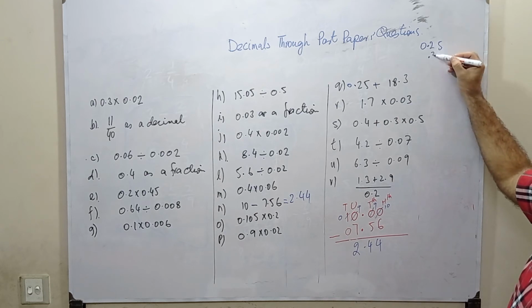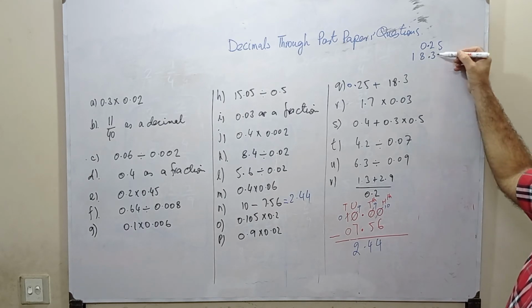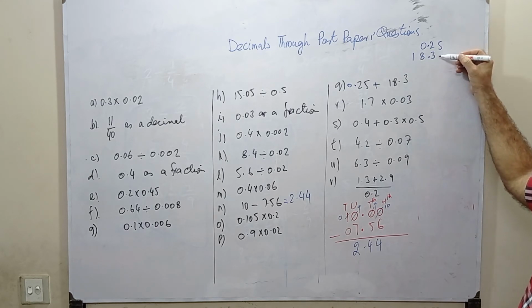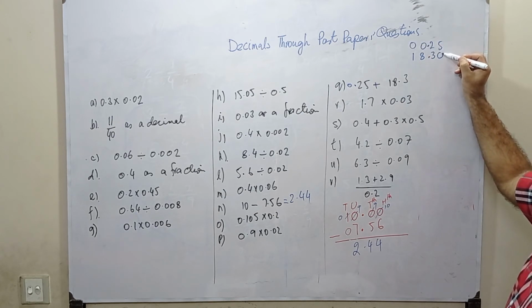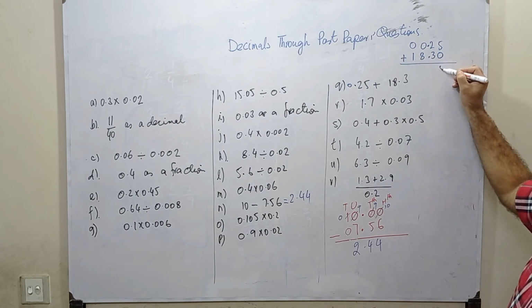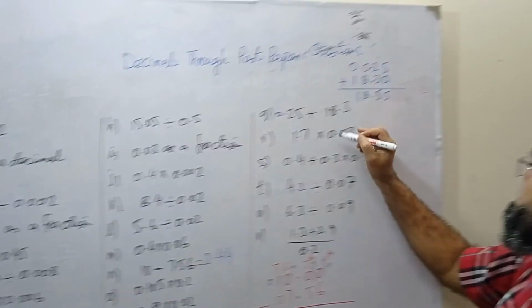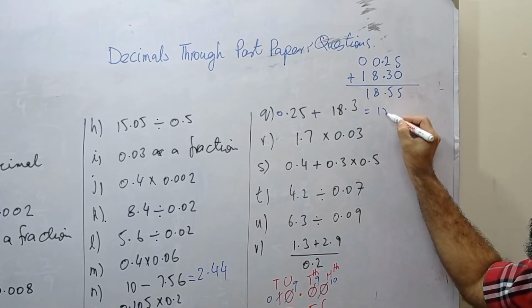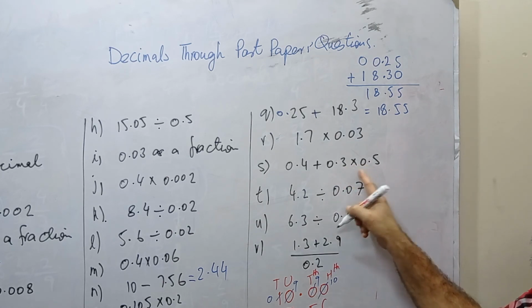So I write 3 here, 8 here, 1 here, and you can fill in the blank spaces with zeros. I can put a 0 over here. Now I add them together. 5 plus 0 is 5, 2 plus 3 is 5, this is 8, this is 1. So the sum of these two is going to be 18.55. Okay.